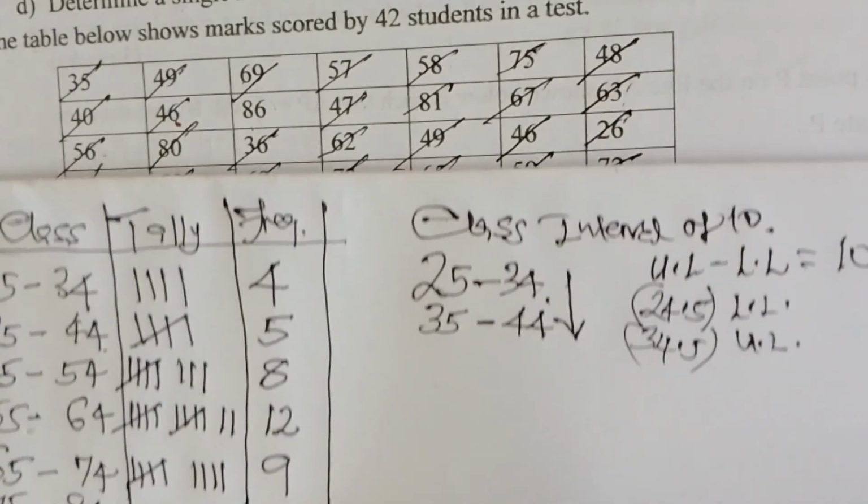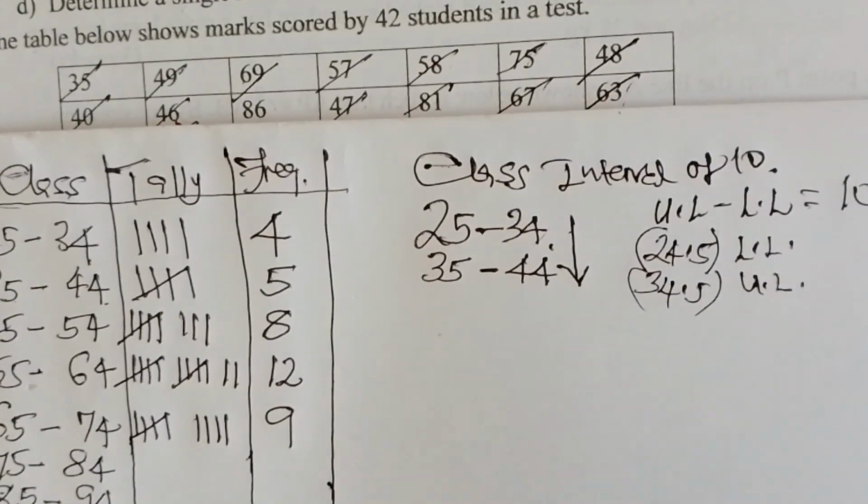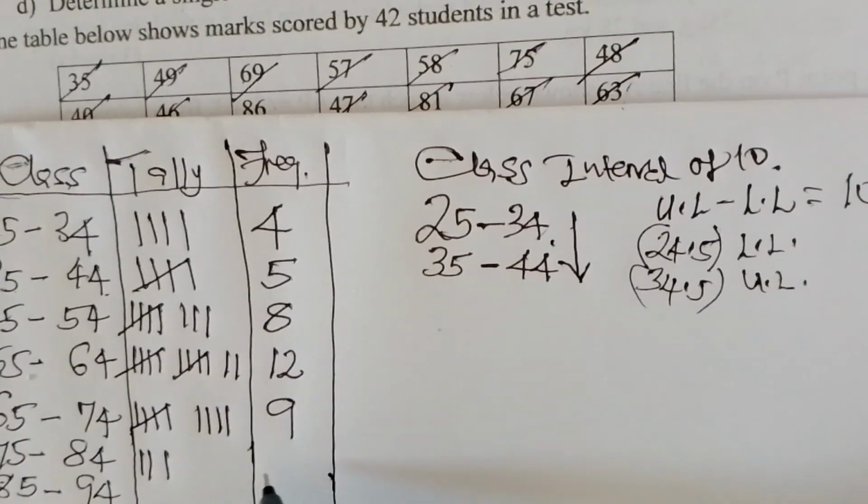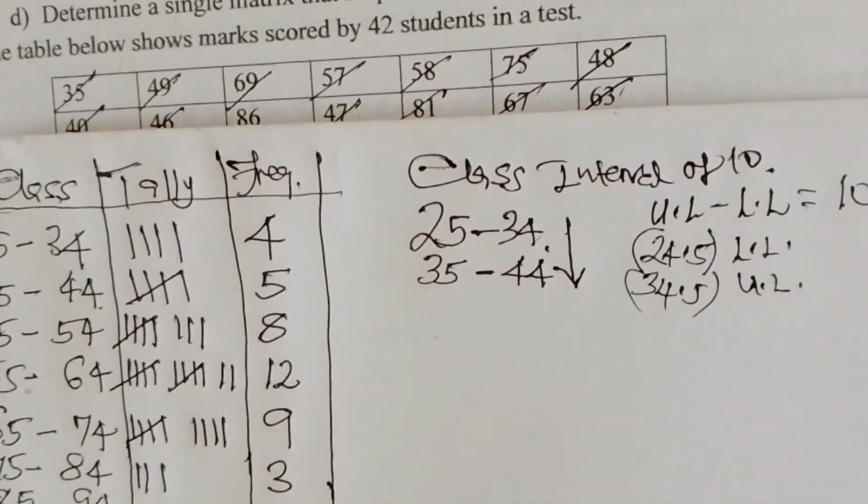So between 75 and 84, we have 3. 1, 2, 3. Numerical value, you write 3.